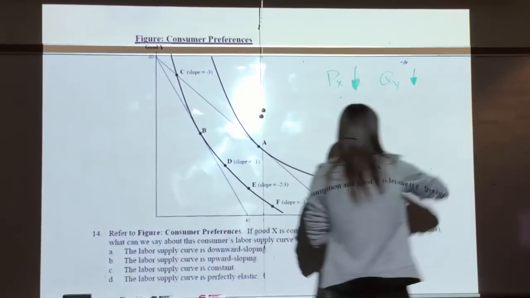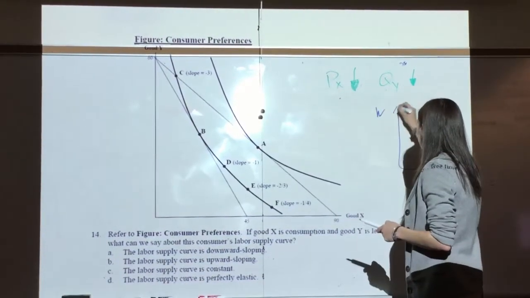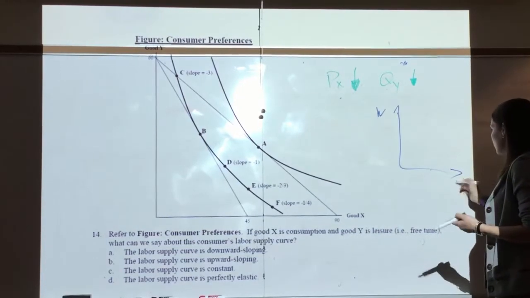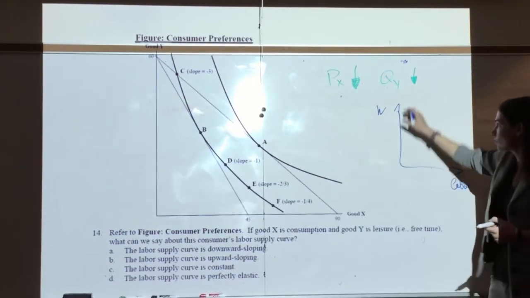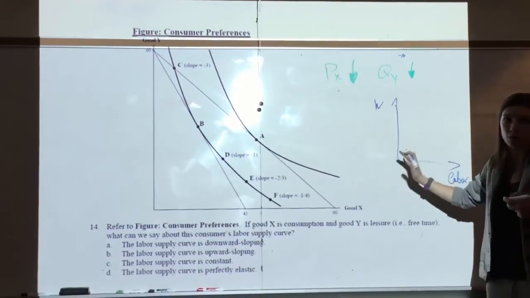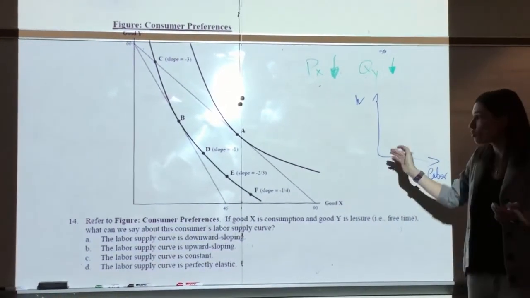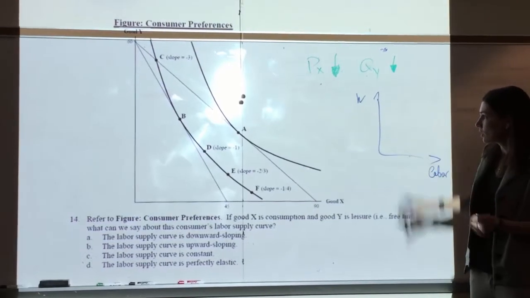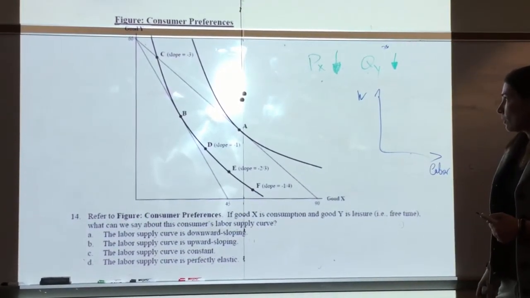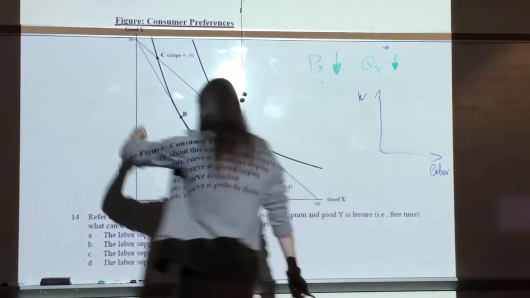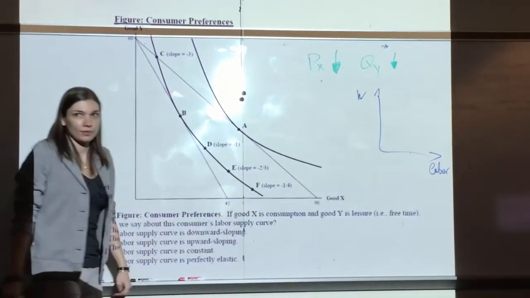This is basically wages against labor, right? So at different wages, how many hours am I willing to work? So we need to say something about the labor supply of this consumer, given that this is leisure and this is consumption.